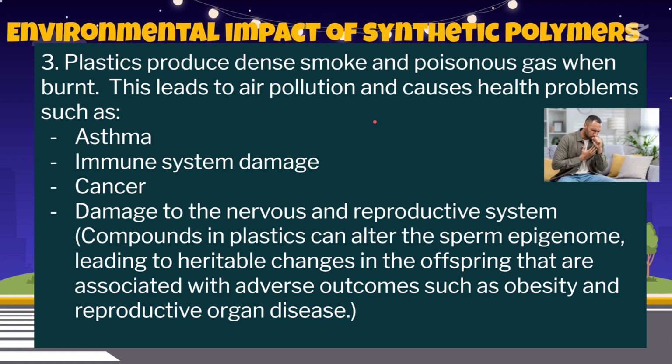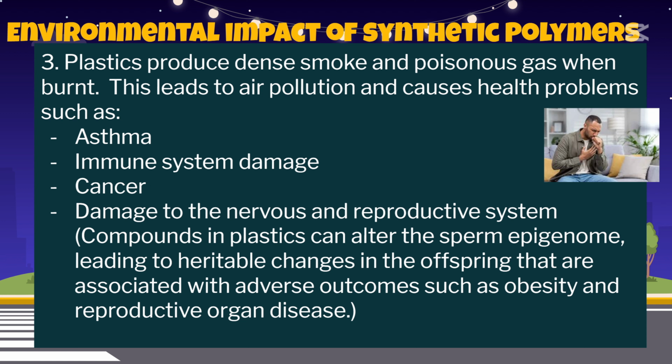This leads to air pollution and causes health problems such as asthma, immune system damage, cancer, and damage to the nervous and reproductive system. The compounds in plastics can also alter the sperm epigenome, leading to heritable changes in the offspring that are associated with adverse outcomes such as obesity and reproductive organ disease.